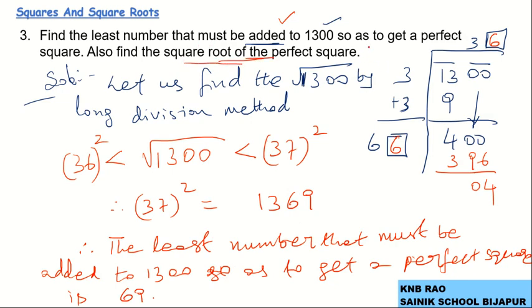What is the square root of that perfect square? It is 37. Okay.